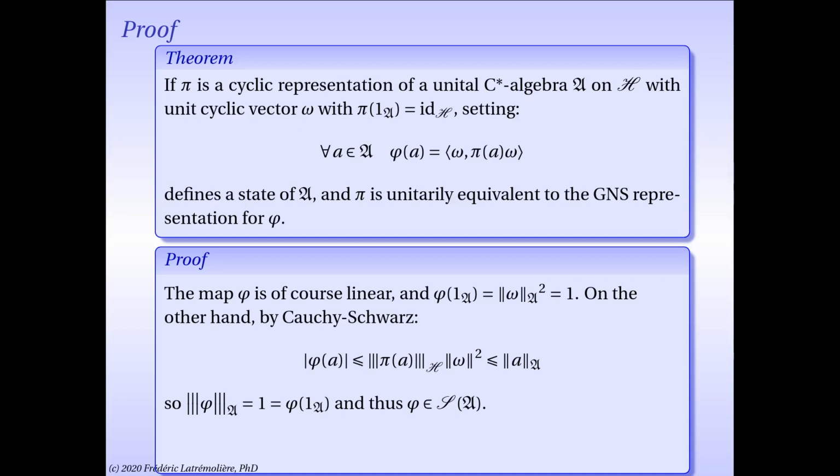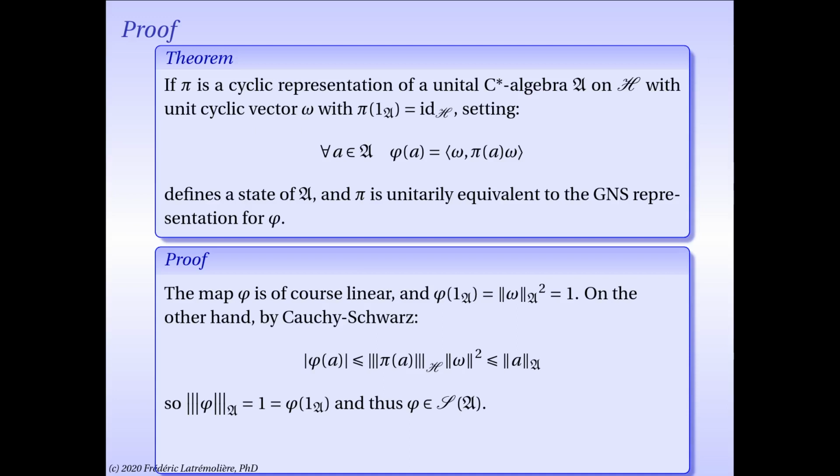But then the norm of omega is 1, and pi of a times omega, the norm of that is less or equal than the operator norm of pi of a applied to omega, again, having norm 1. And last, since pi is a star morphism, we know that the norm of pi of a is less than the norm of a. So we have shown that for any a in your system algebra, the modulus of phi of a is less or equal than the norm of a. And therefore, since this is reached at 1, phi is indeed a state. It has norm 1, and that's equal to phi of the unit.